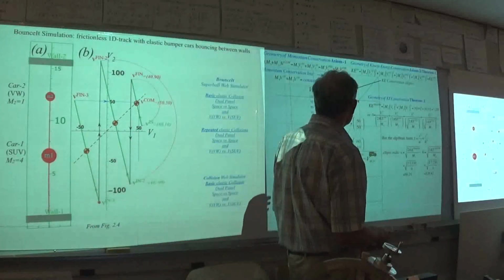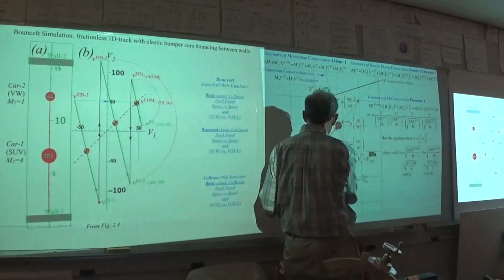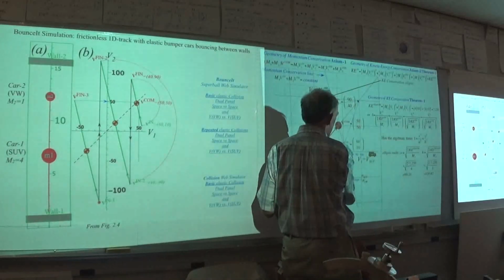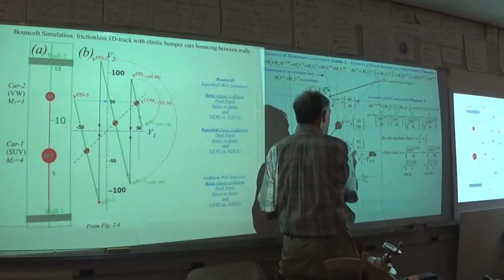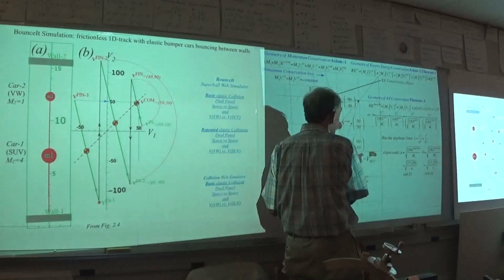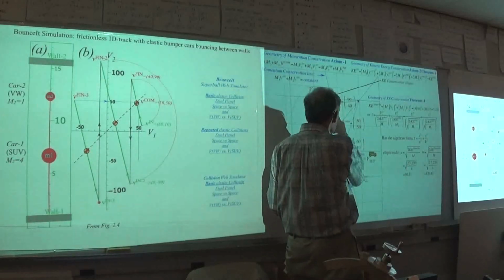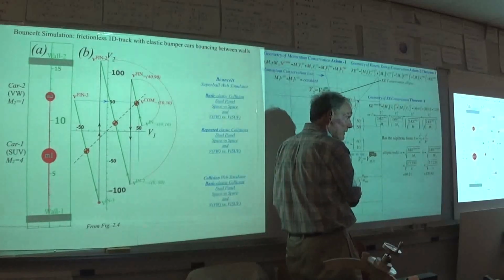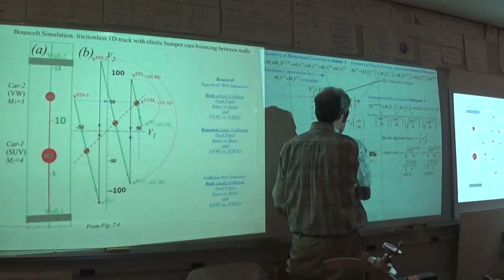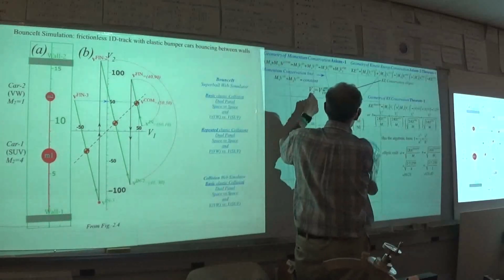Well, basically, what you're asking is, what's the meaning of this particular point right here? Well, that's a possible state for this system. It has the same energy as any of the other two that we've been talking about, right? And so you might want to start with no velocity on the VW.